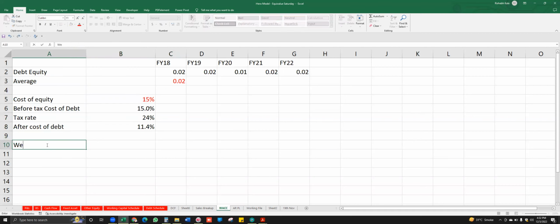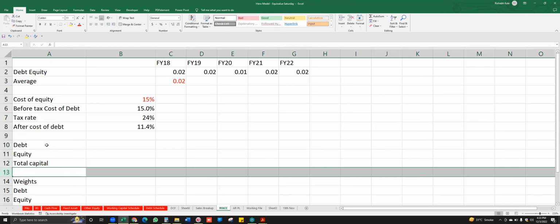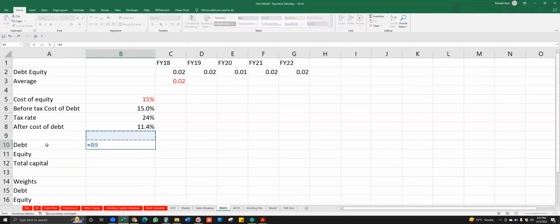Can you find the weights now? Debt equity weights. Can you find? What will it be? Tell me. How much is your debt? The equity. And then total capital. We can use this to make this work very easy. Your debt is over here, 0.2.